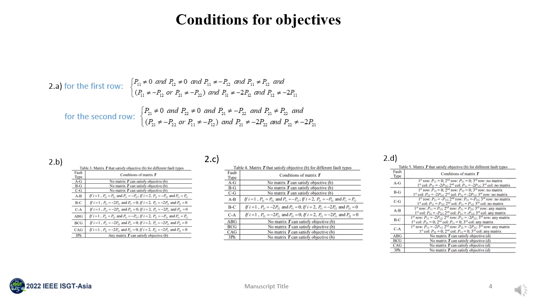What's more, one can observe that the first mode and the second mode are dual. Once the conditions for the first row are derived, the conclusions for the second row can be drawn right away. For instance, for the first row to hold objective A, it requires P11 is not zero. So P21 should be not zero for the second row to hold A.